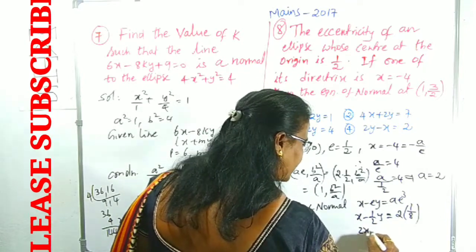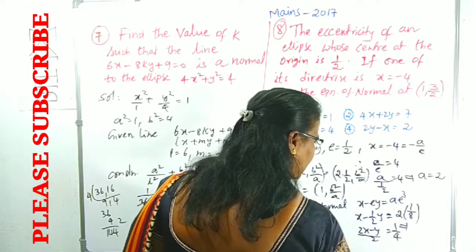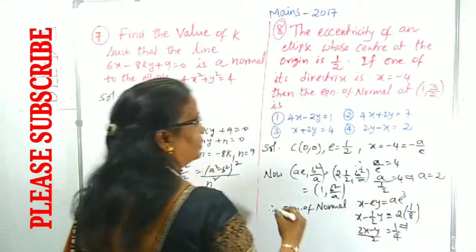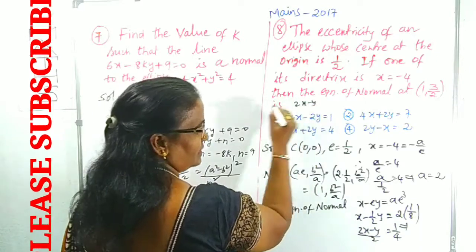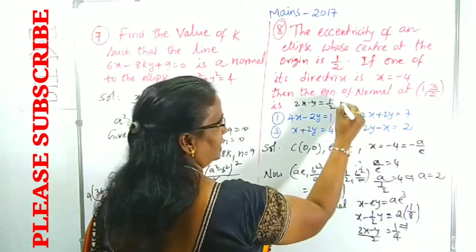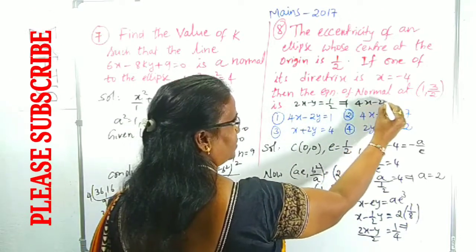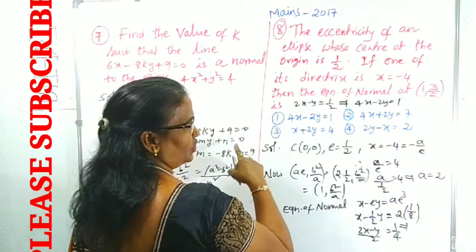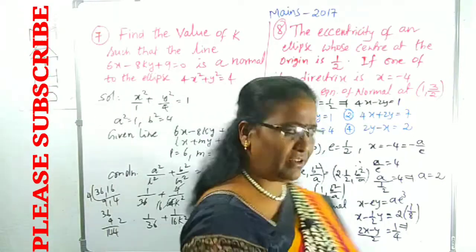LCM here 2: 2x minus y by 2 is equal to 1 by 4. 2x minus y is equal to 1 by 2. Now take the cross multiplication: 2 into 2, 4x minus 2y is equal to 1. Is 4x minus 2y equal to 1 there in the options? Yes, it is clearly in the first option.